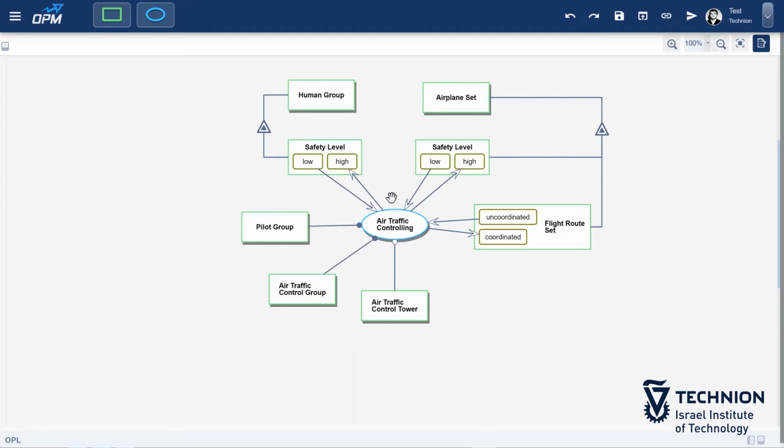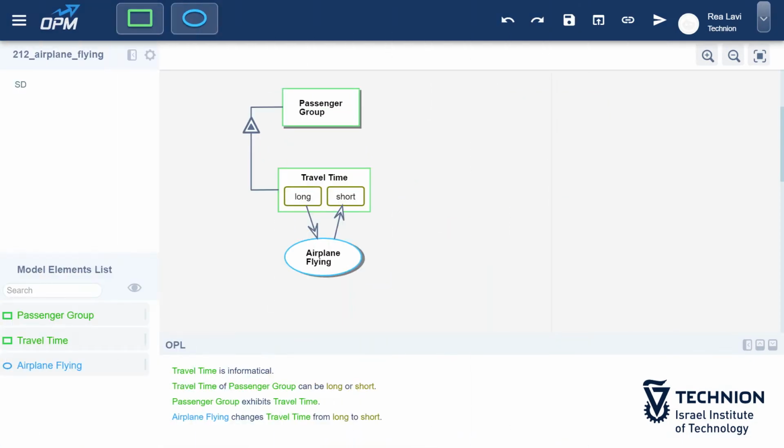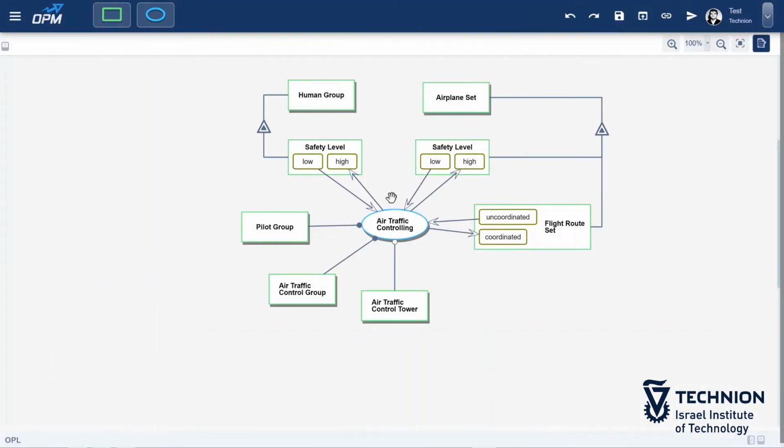It is the main object in the system we are modeling. However, in the airplane flying system, the air traffic control tower is beyond our control. We, as the systems engineers of the airplane flying system, have no influence over the air traffic control tower. But we certainly must take it into consideration when modeling our airplane flying system.